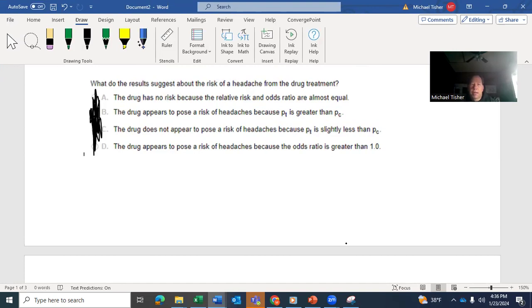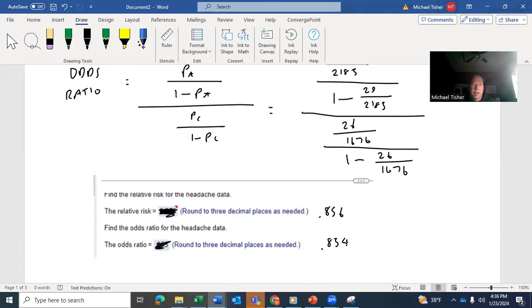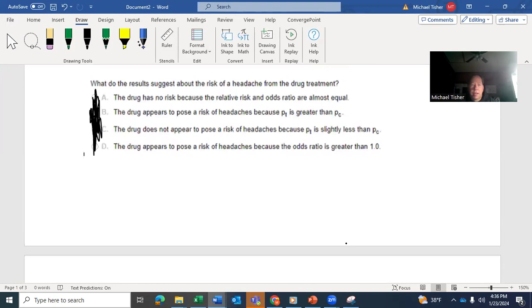Believe it or not, we're not going to use anything from the odds ratio, and even the relative risk, we're not going to use either. So all that was done for nothing.